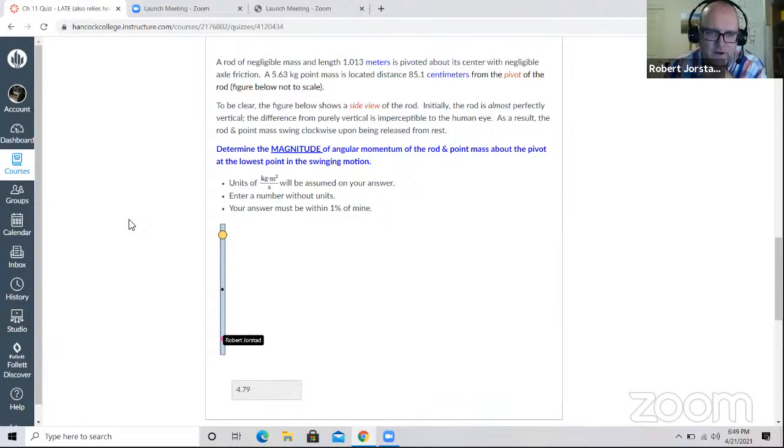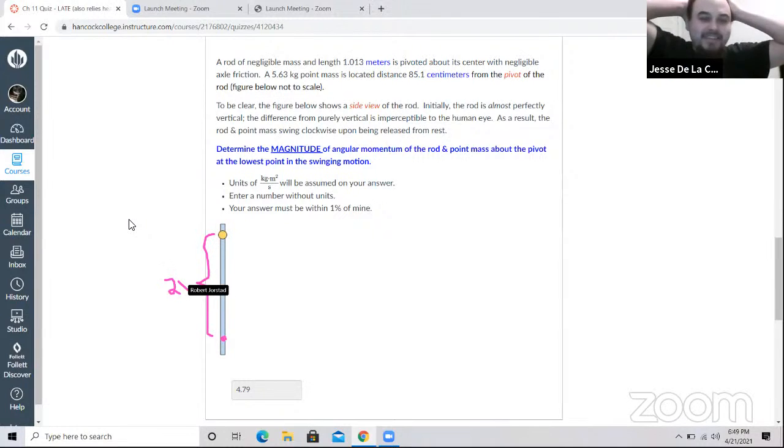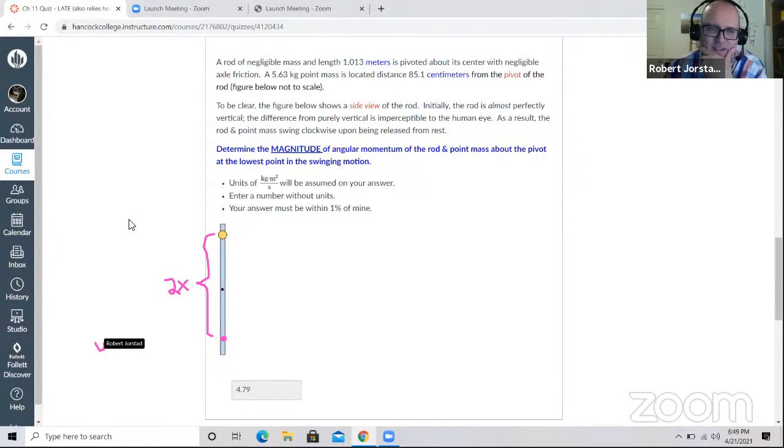do you agree it falls some distance? I'll call this 2x. Yep. So isn't the velocity in this case, because it's a point mass, you could actually just say V equals the square root of 2g height fallen, which is 2x. Or you could also say it like this.